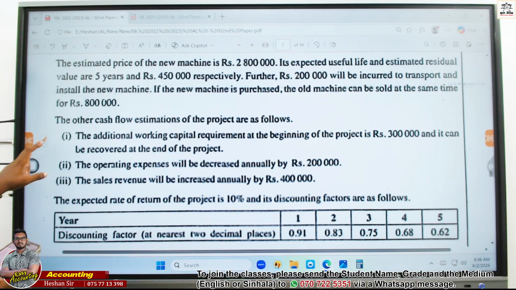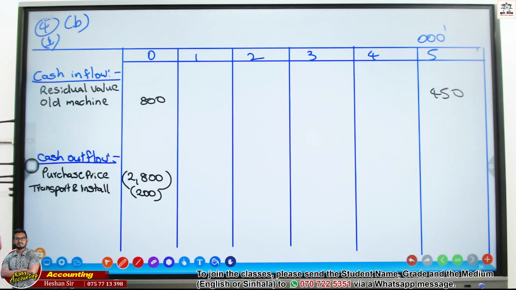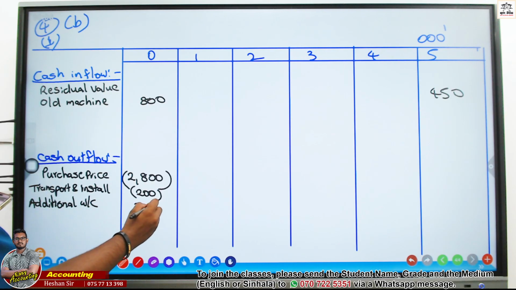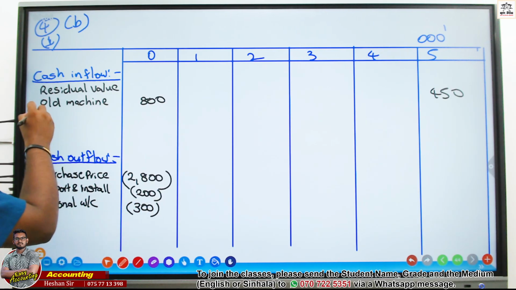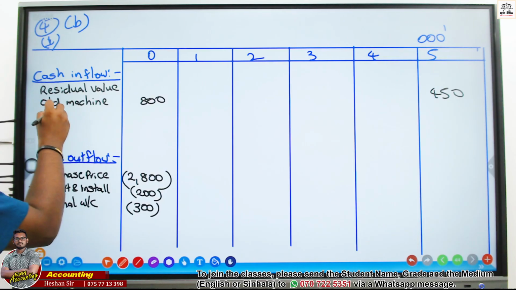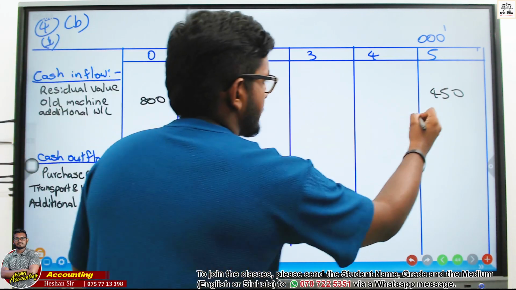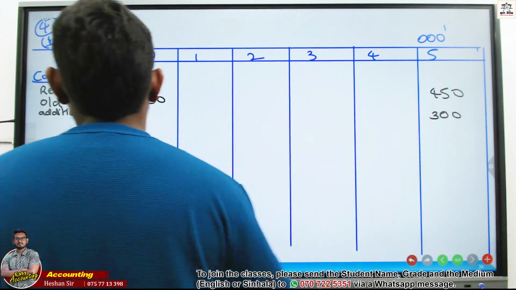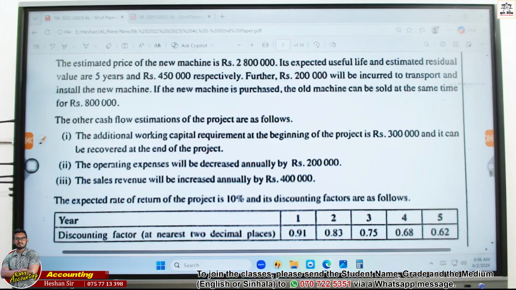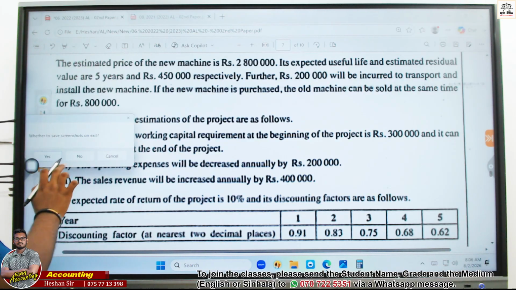Additional working capital 300, right. Additional 300 at the beginning, can be recovered at the end, 300. Operating expenses will be decreased by 200. Right.